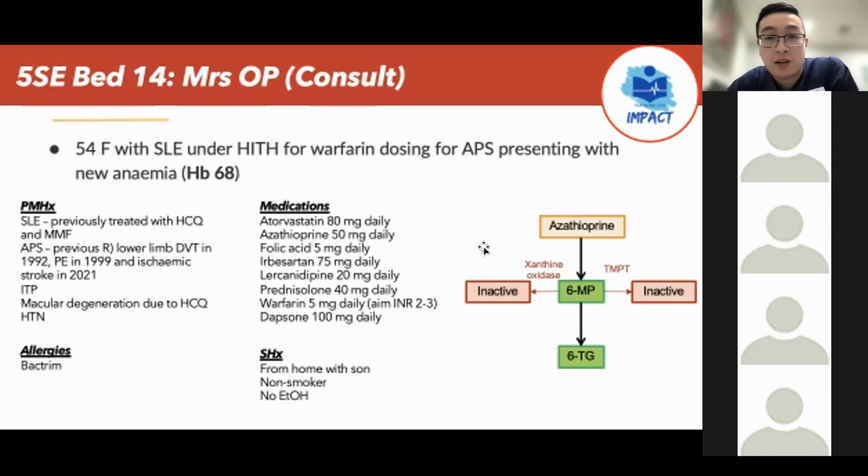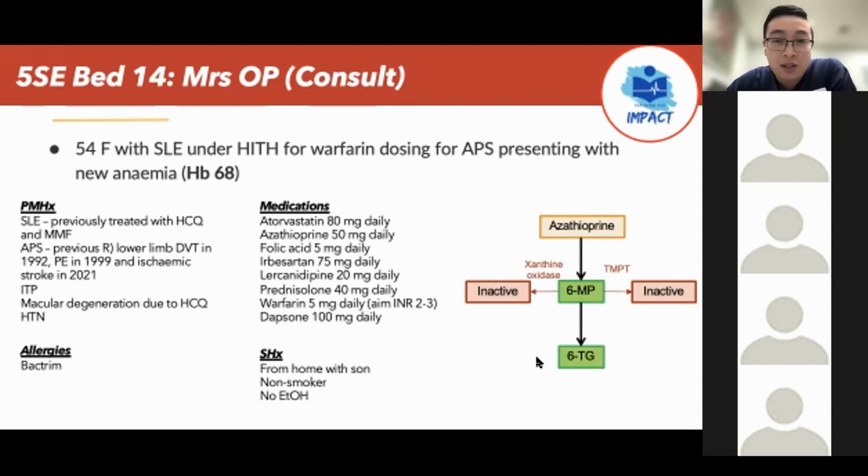If you have an inhibitor to xanthine oxidase, you knock it out, and a lot of the 6-mercaptopurine will get converted into this active ingredient, and patients will get azathioprine toxicity. So two things to get out of this: before starting any patient on azathioprine, please do a TPMT genotype. And the other thing is never give allopurinol and azathioprine in the same patient, because the patient will be at high risk of developing azathioprine toxicity.